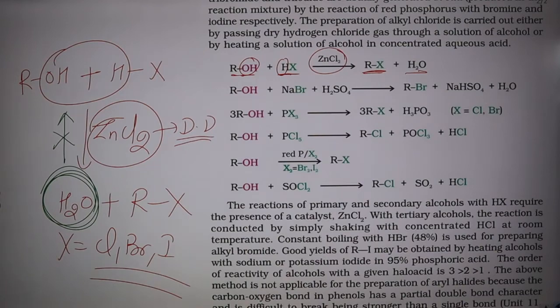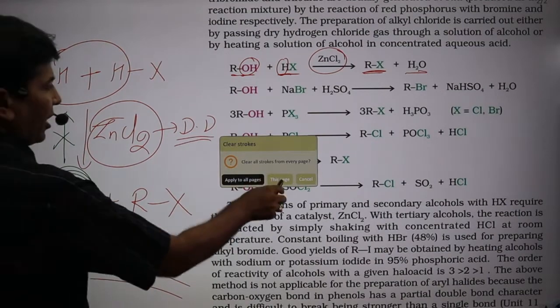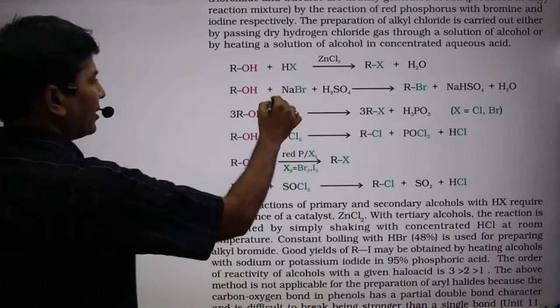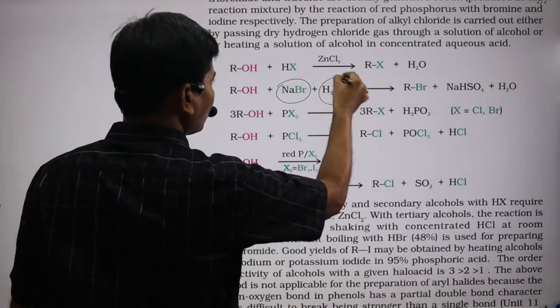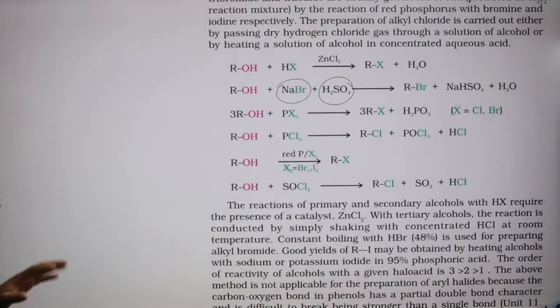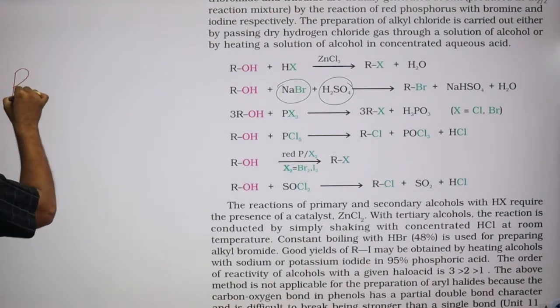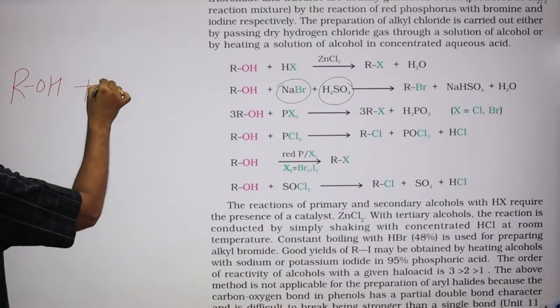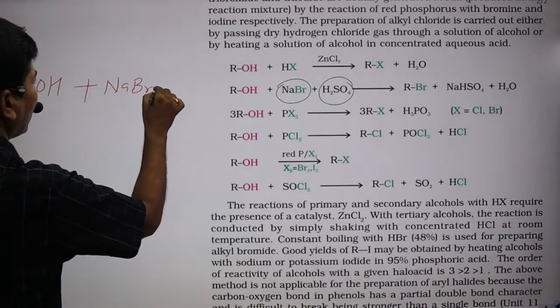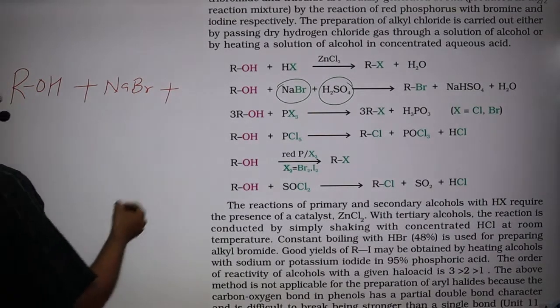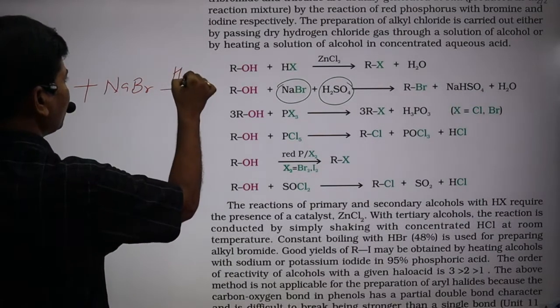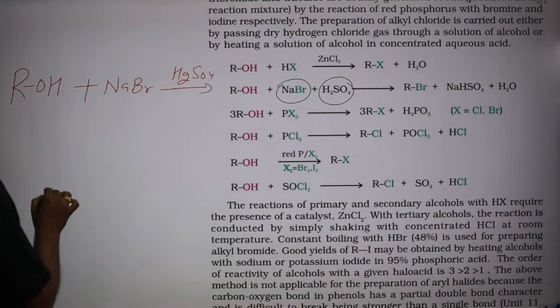Okay, very interesting part. Next reaction we have ROH. Keep in mind this is a salt, NaBr, and this is H2SO4, a strong acid. How does this reaction take place? We have ROH reacting with NaBr and H2SO4.